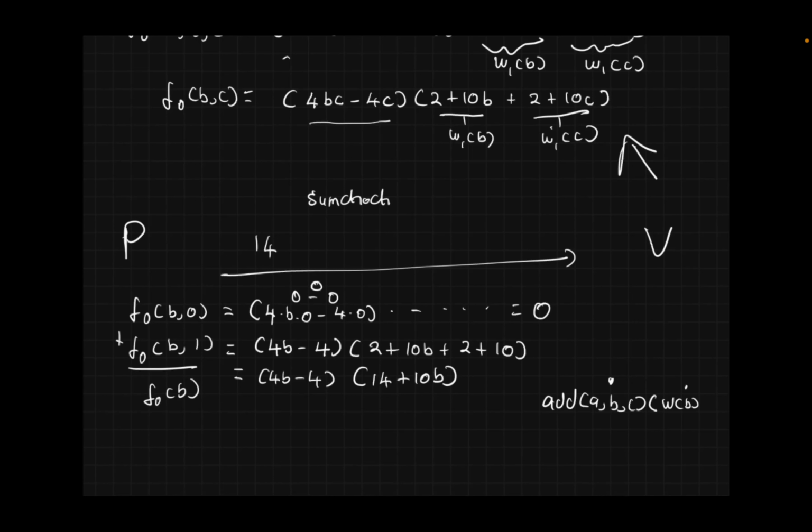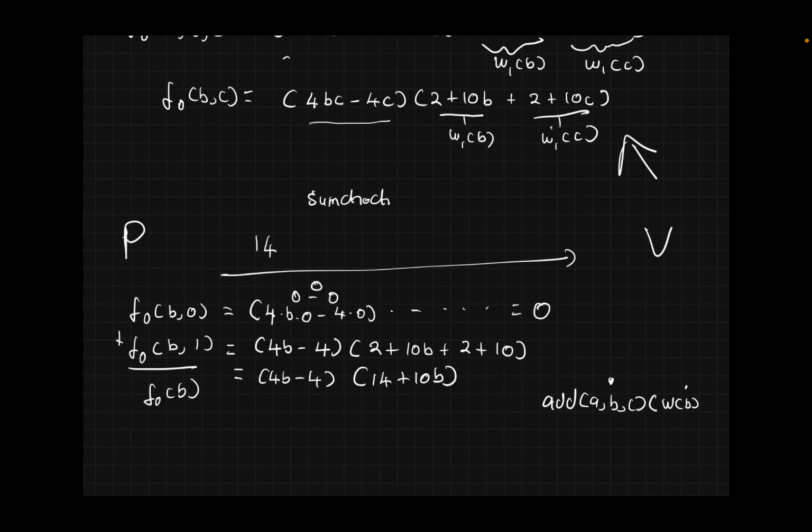This is the W1 of B, and this is W1 of C. The only thing we're replacing is C at 1, which we can always get from the evaluation form. That's 12, right? That's what is here. But then it's still 12 plus 2, so we got 14. You could technically do that, but we have equations so that we can leave it in evaluation form.